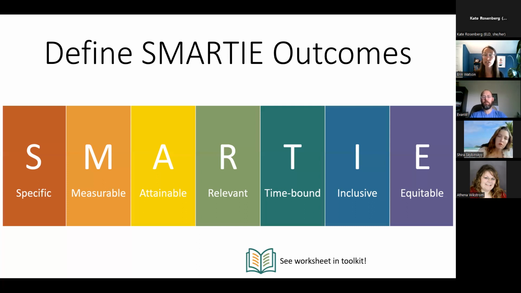Note that in addition to outcomes that are directly related to your root causes, there may also be natural byproduct outcomes that will emerge from your strategies. So for example, go back to that strategy number 1 around the training.